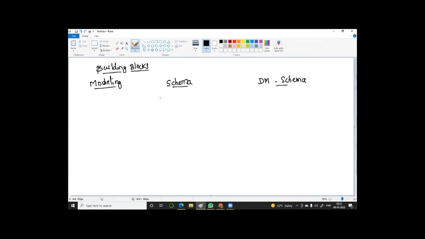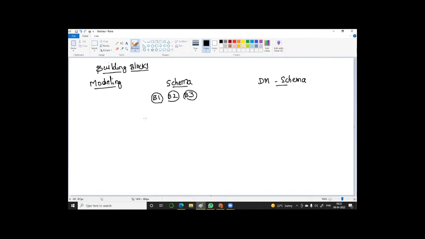Let us take the same example: there are different branches in a bank, B1, B2, B3. B1 branch will follow a particular structure of tables to collect the data, and in the same way B2 and B3 also. It means they may have different schemas.